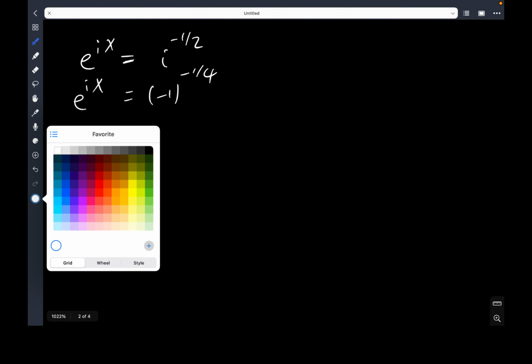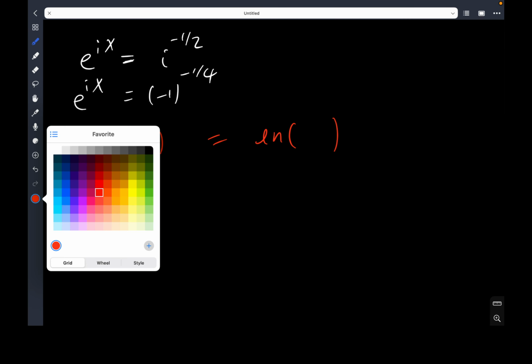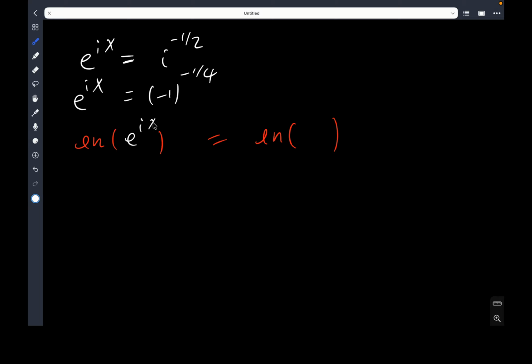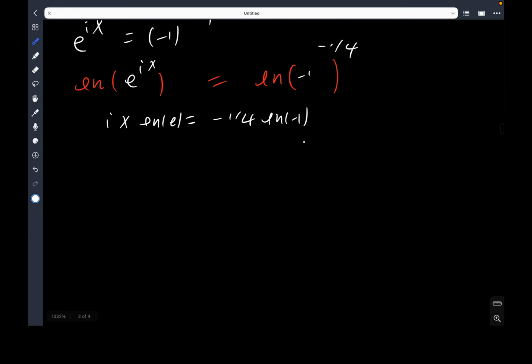If I take the natural log of both sides, ln e to the ix is going to be negative a quarter ln of negative 1.